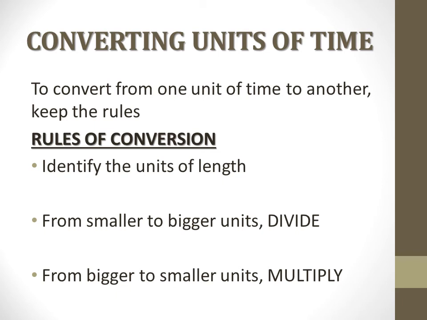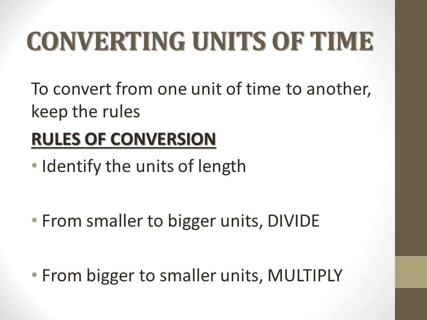Oh, pardon me. I said you're going to be identifying the units of time that are involved. And then the second thing, are we converting from smaller to bigger units? If you're converting from a smaller unit to a bigger unit, you divide. But if you're converting from a bigger unit to a smaller unit, you multiply. Now let's take the 2 minutes example I just gave. 2 minutes to seconds. I already said that the units are minutes and seconds. And what's the standard time? 60 seconds make 1 minute.